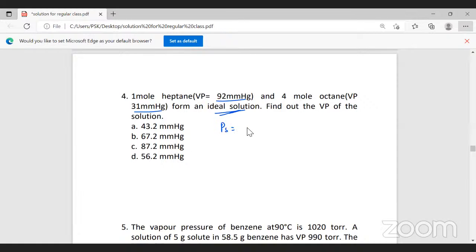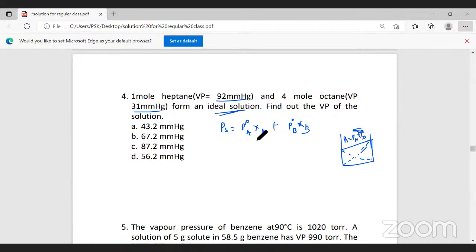The vapor pressure of the solution will be the sum of P naught of A into XA plus P naught of B into XB. This is the total vapor pressure. It's an ideal solution, they say. For an ideal solution, if you remember the graph we drew, PS is equal to PA plus PB.